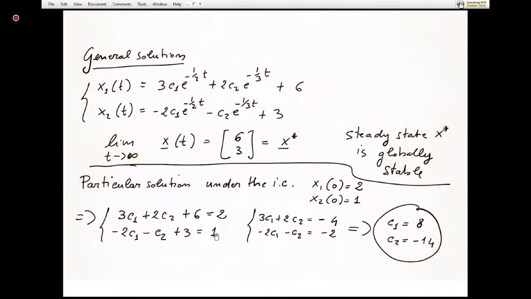This is just a simple linear system in two equations and two unknowns, C1 and C2. You can write this in this way and solve either by substitution or by just using Cramer's rule or the matrix inversion method, and so on and so forth. So it's C1 equal to 8, C2 is equal to minus 14. What is that?